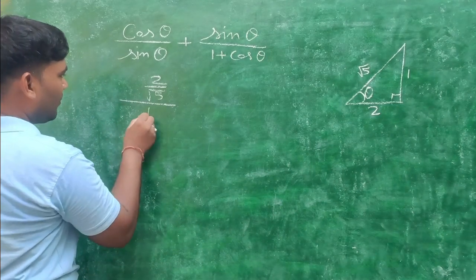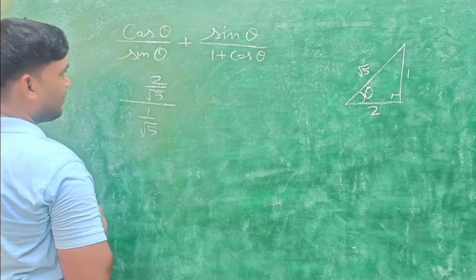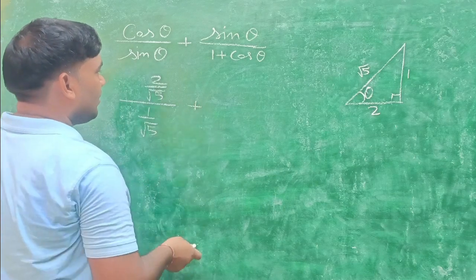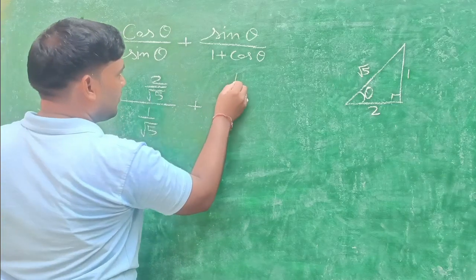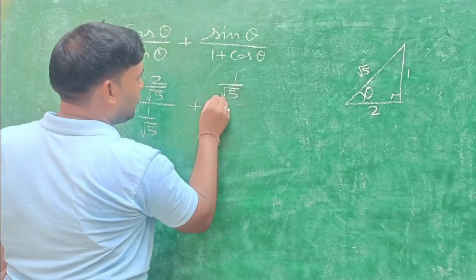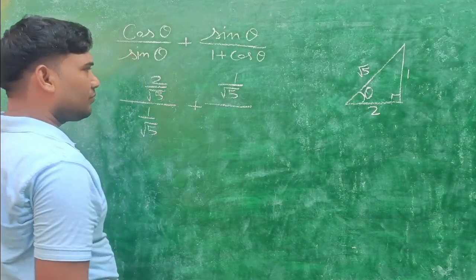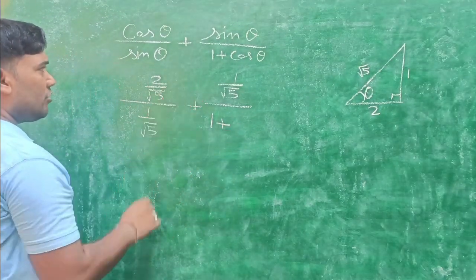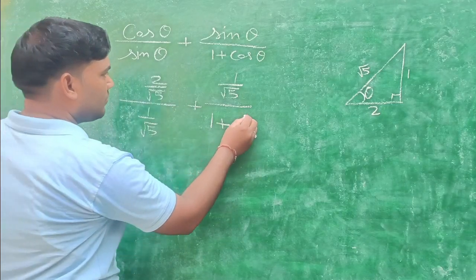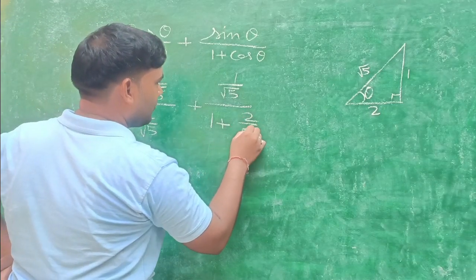Sin theta is 1 upon root 5. Okay, put the plus sign here, and now put the values of sin theta, and sin theta is 1 by root 5, and whole upon here will be 1 plus, again put the values of cos theta, and cos theta is 2 by root 5.